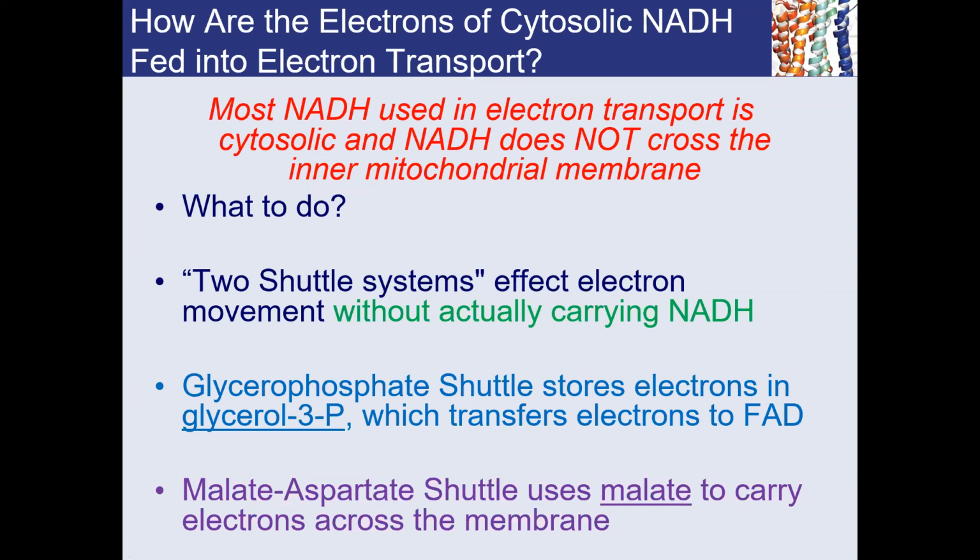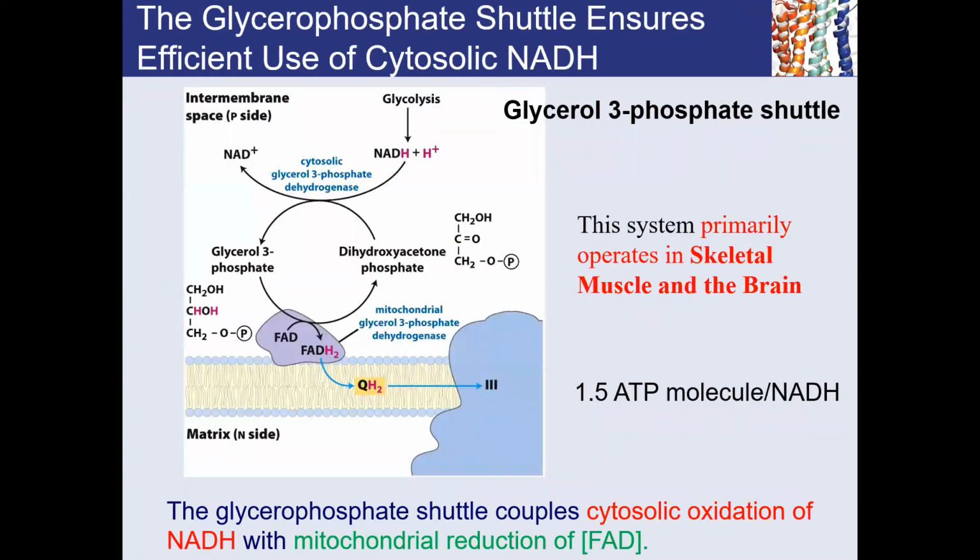Cool? So how does it work? This glycerol 3-phosphate shuttle system primarily operates in skeletal muscles, which could be carrying out very active glycolysis, and brain, which utilizes a lot of sugar for fuel, right?